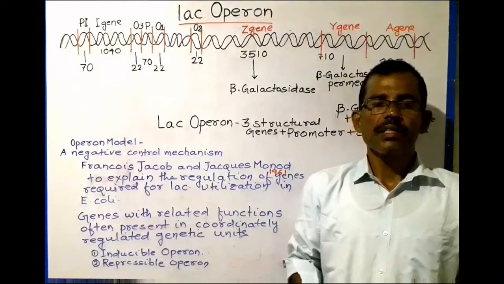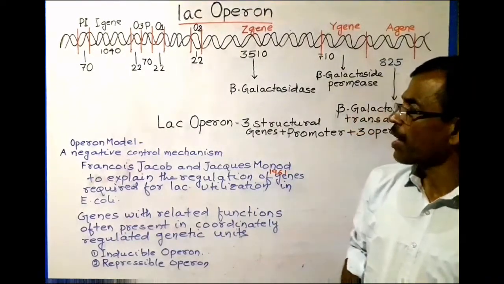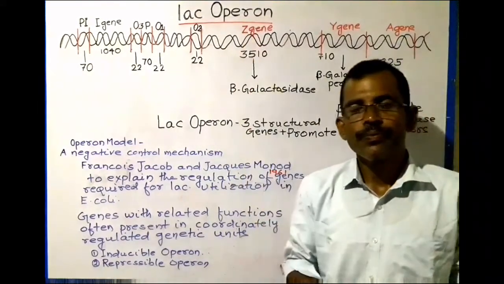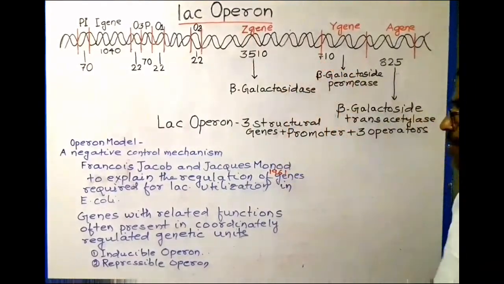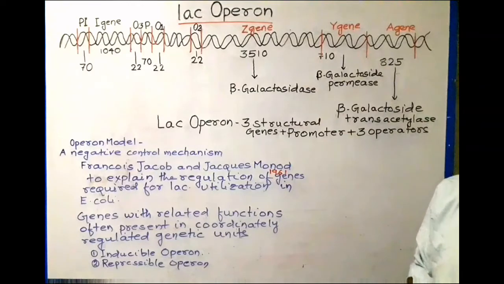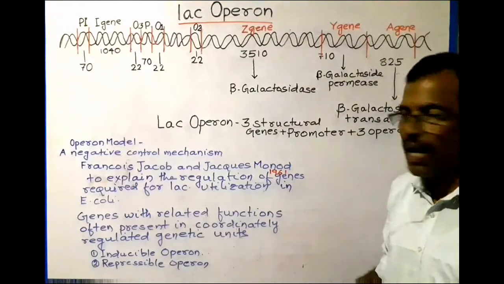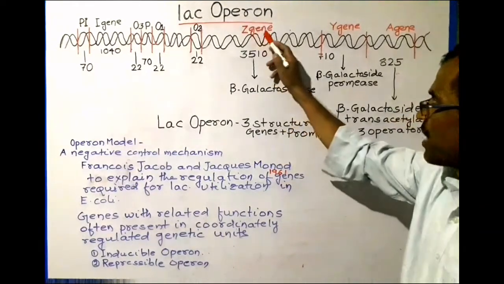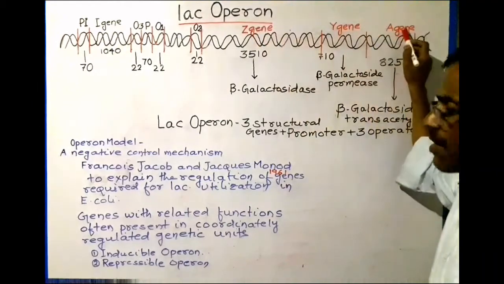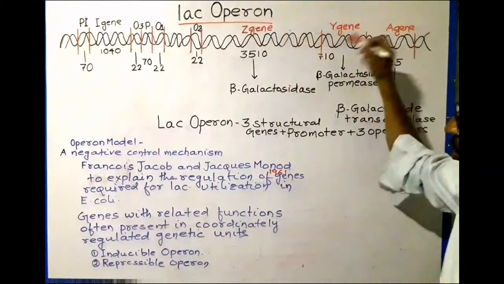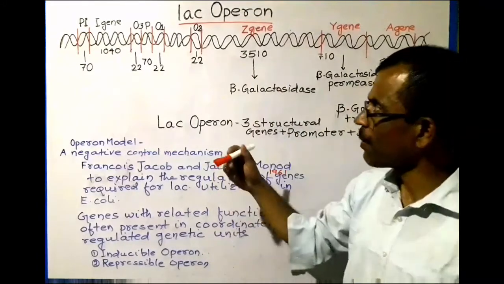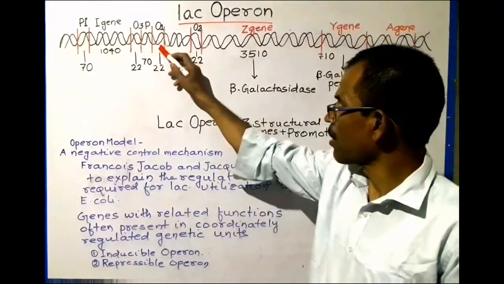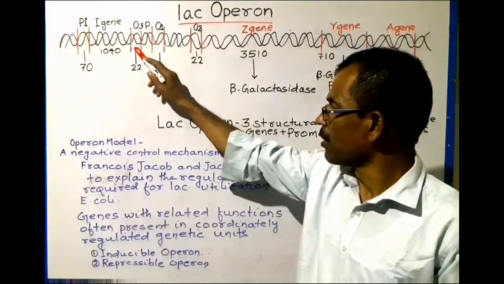Now we shall discuss about the various components of the LAC operon. The LAC operon contains three structural genes. The three structural genes that are present in the LAC operon are Z gene, Y gene, A gene. And the three operators that are also part of the LAC operon are O1, O2 and O3.